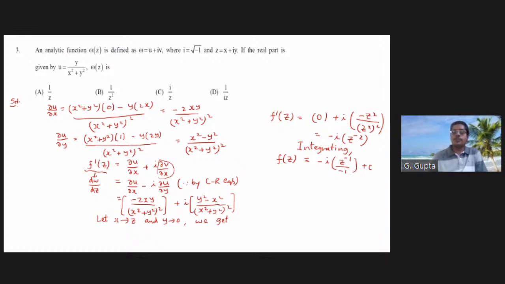This simplifies to i upon z plus c, or plus k as you wish, but the options are not given with plus c. So accordingly the answer is option C, ignoring constant c. I hope that everyone following understood.